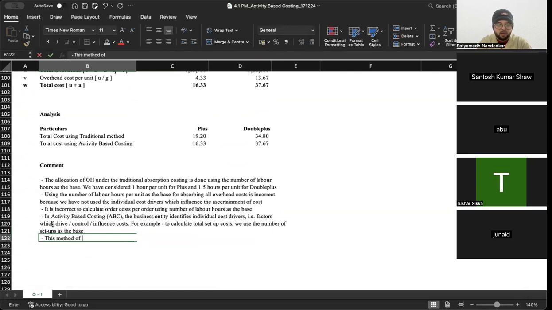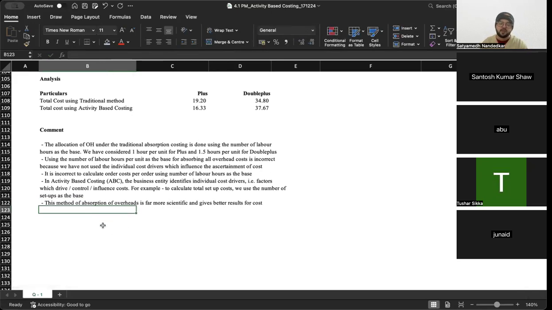This method of absorption of overheads is far more scientific and gives better results for cost.